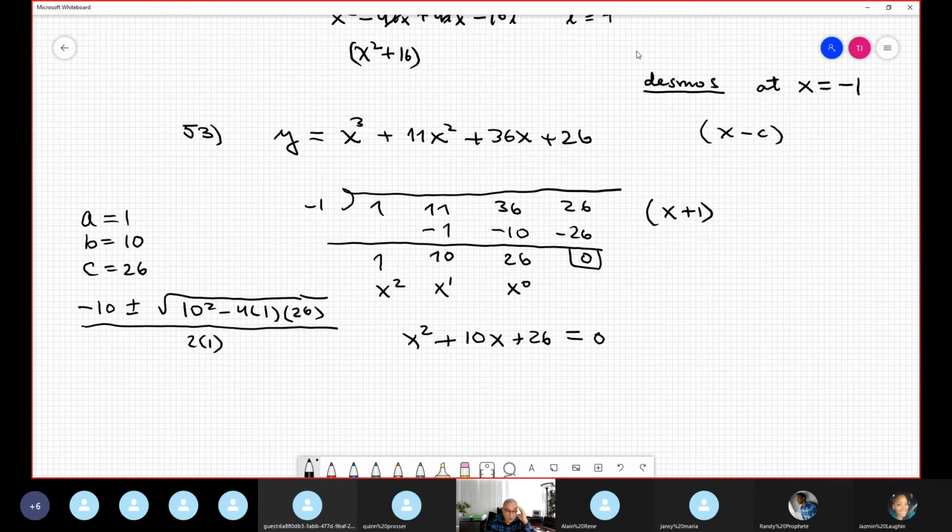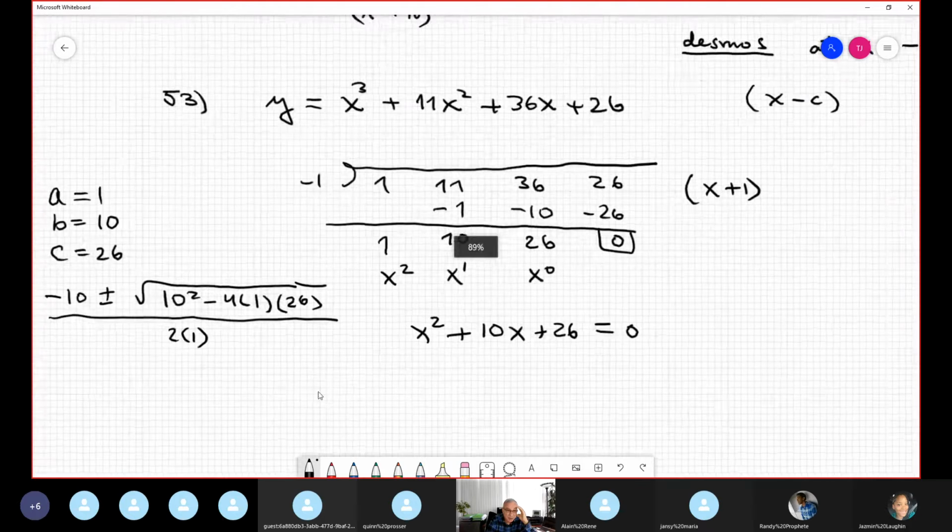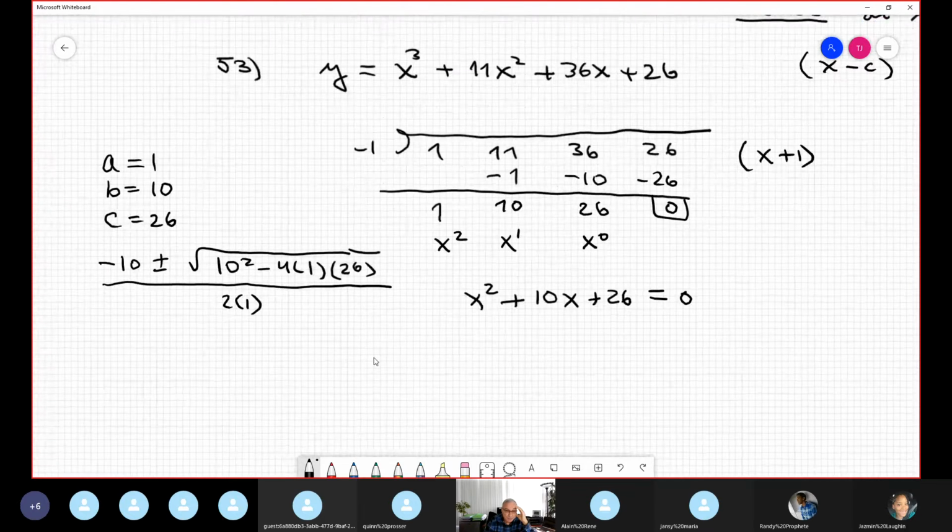Okay, I focus on the expression inside the radical. Here is 100. And 26 times 4 is, I put it in my calculator, 104. Wow, 104. And 100 minus 104 is minus 4.